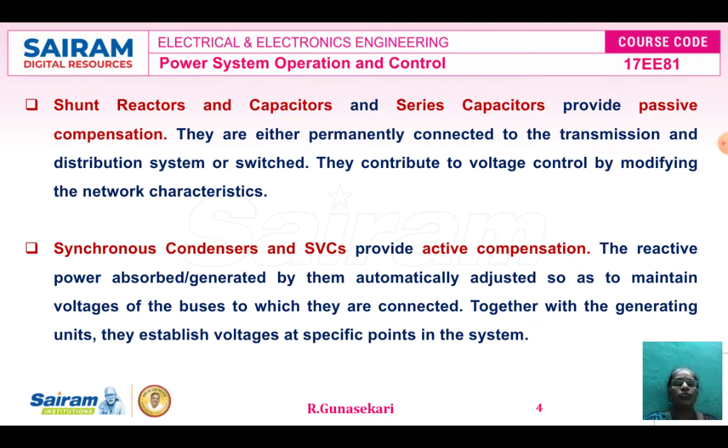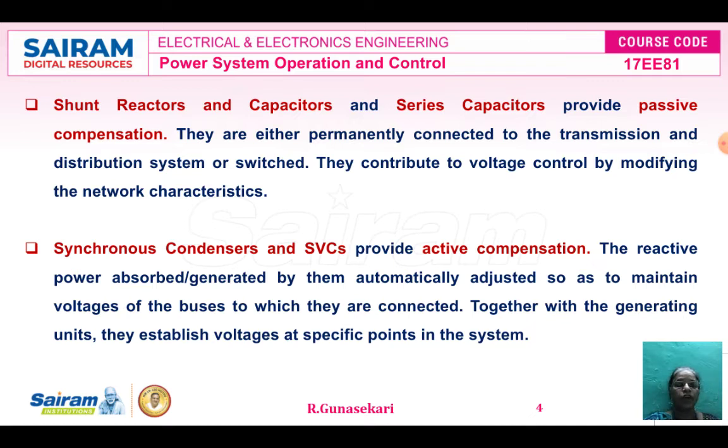They contribute to voltage control in the power system by modifying the network characteristics of the power system. This is the first one. The second one is that synchronous condensers and static volt ampere reactive compensators provide active compensation only. The first one is passive compensation, the second one is active compensation.